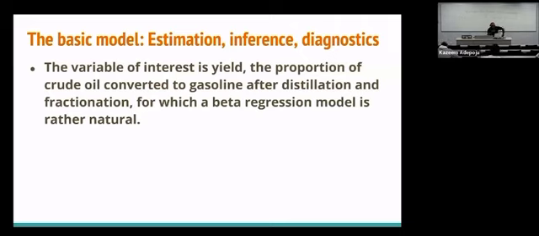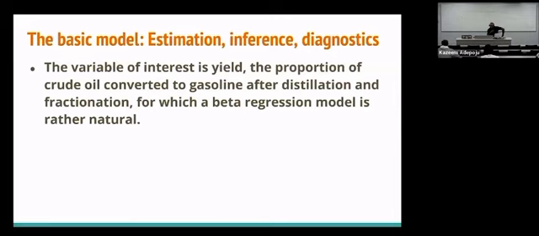The variable of interest is yield, and the yield is the proportion of crude oil converted to gasoline after distillation and fractionation. Let me tell you, those that work in industrial chemistry are trying to convert crude oil into gasoline.